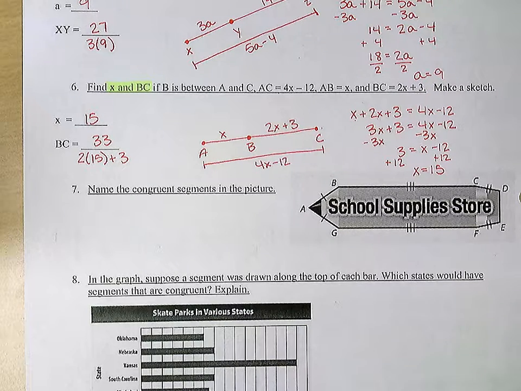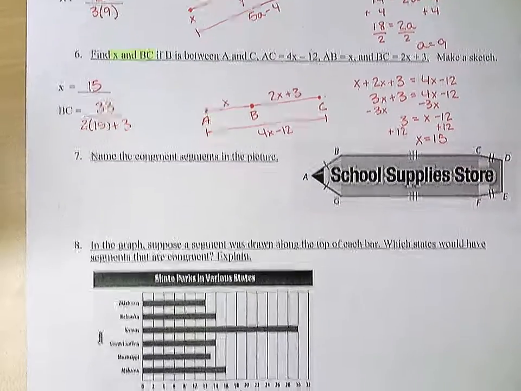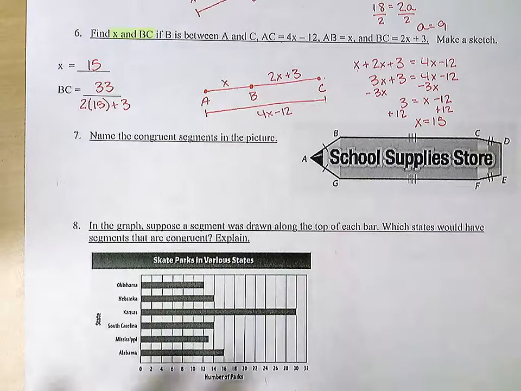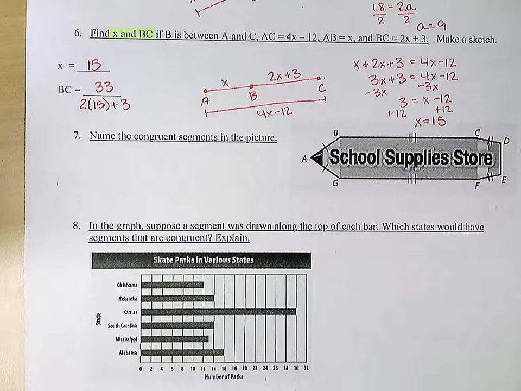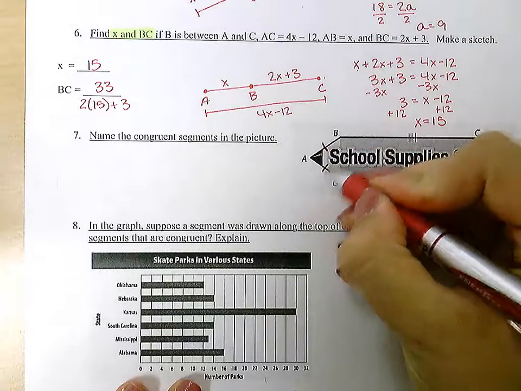All right, then moving on here. Numbers 7 and 8 have to do with congruent segments. So again, congruent segments are segments that are equal to each other. They have the same length. Looking at our picture here, it's asking for what the congruent segments are. So I'm going to look for these dashes within my segments.